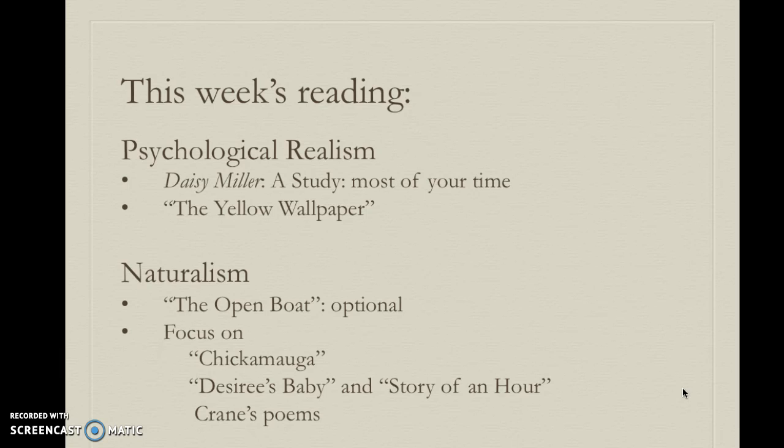And as you might imagine, the ocean is not necessarily cradling them and nurturing them. Focus on, instead, the very short stories, Chickamauga, Desiree's Baby, and Story of an Hour by Kate Chopin, and then the poems by Crane. There are 2 of them, and one of them we looked at in this presentation.